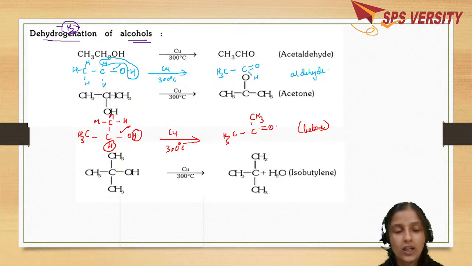If you take the tertiary alcohol, hydrogen can be removed from here, but there is no hydrogen attached to this carbon. So what is going to happen? You can't remove it this way.